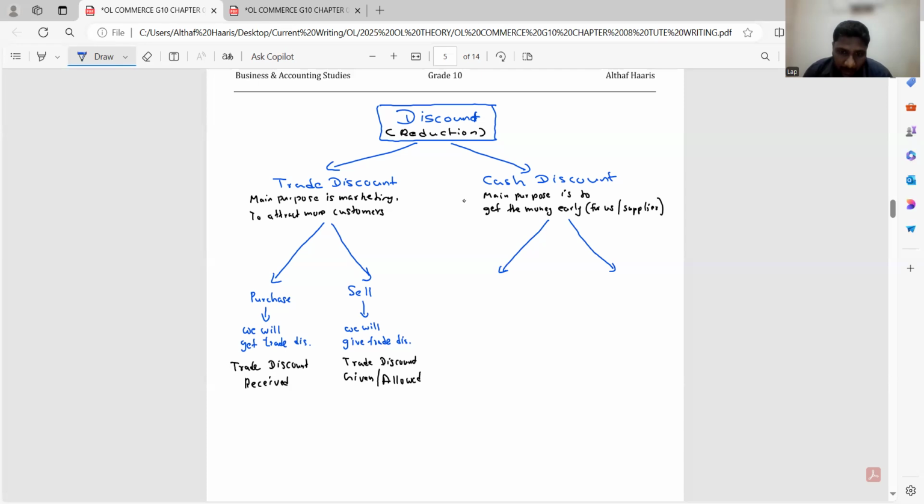So when we are paying to suppliers, and receiving money from customers.